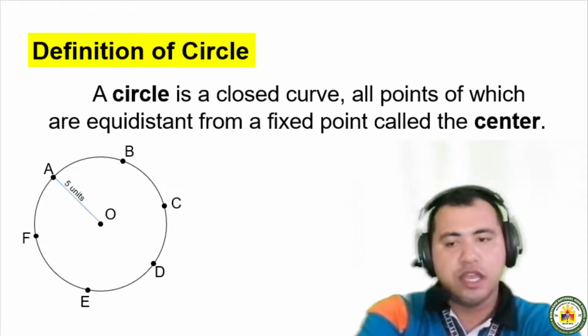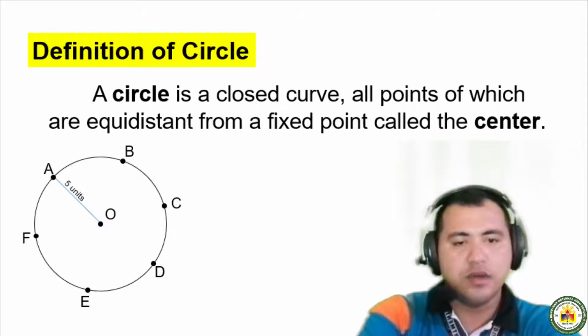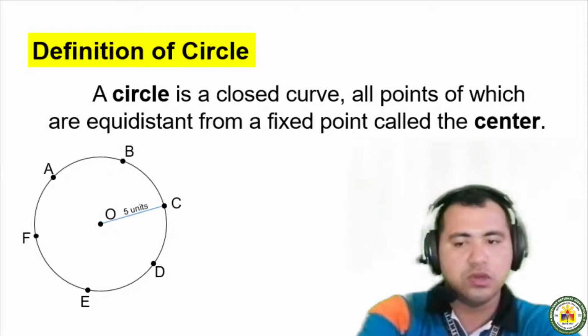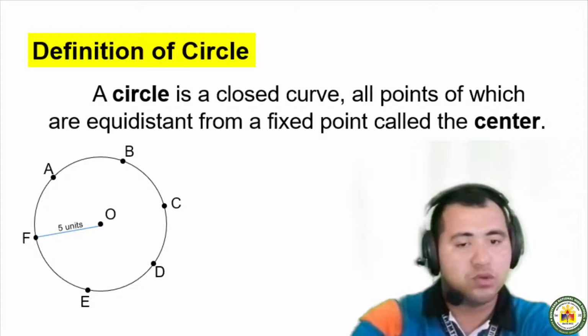For example, if we are going to measure the distance between point A and the center O, it is 5 units. So, automatically, B to O is also 5 units. Pareho sila sukod tanan.